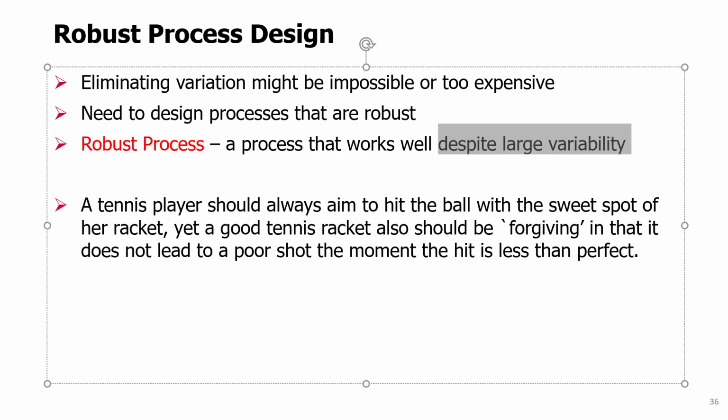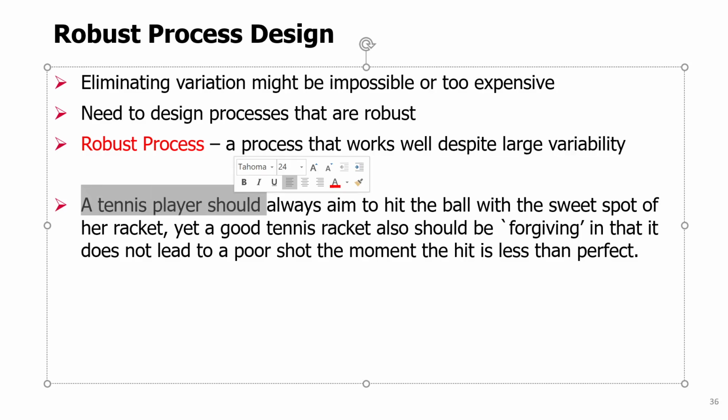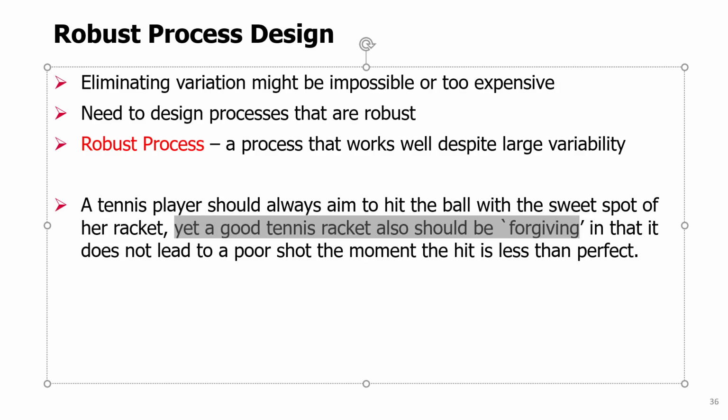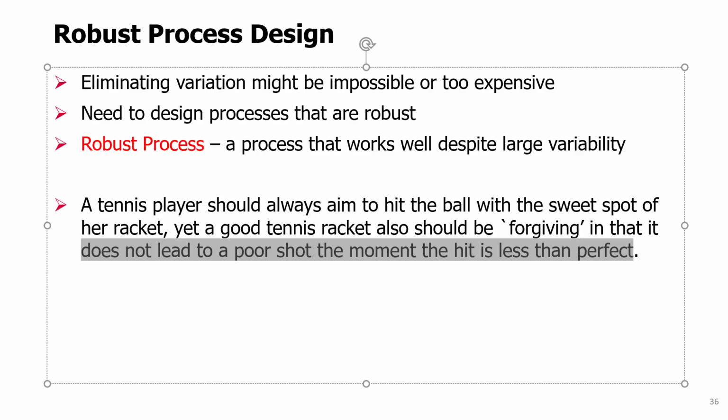And the analogy here is, imagine a tennis player. A tennis player should always aim to hit the ball with the sweet spot of their racket, right? That's what makes a good tennis player. But at the same time, the tennis racket should also be forgiving in that it does not lead to a poor shot the moment the hit is less than perfect.